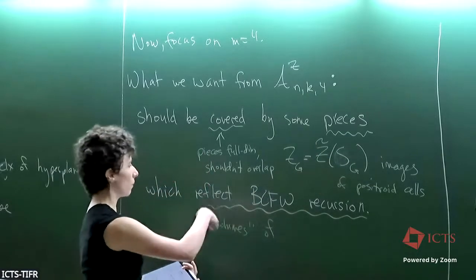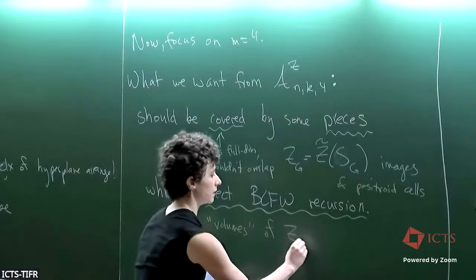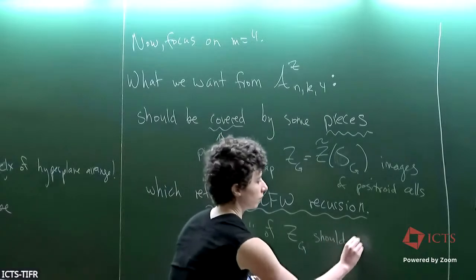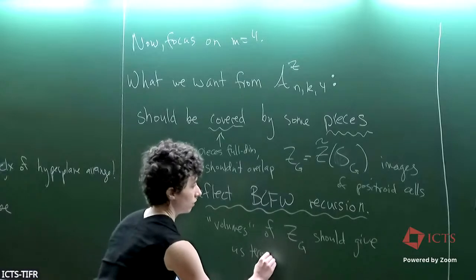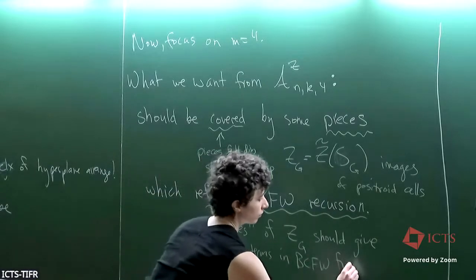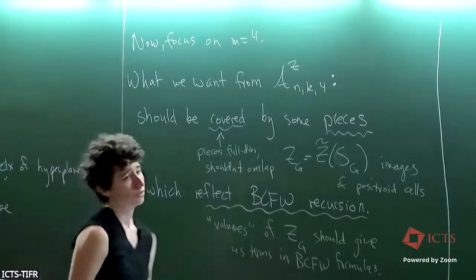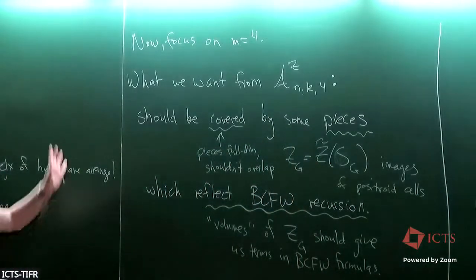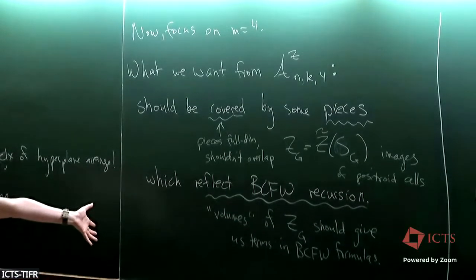So what we would want for this to reflect the BCFW recursion is that the volumes of our pieces, these ZGs, should give us terms in these BCFW formulas. This is sort of what we're hoping for. Any questions?